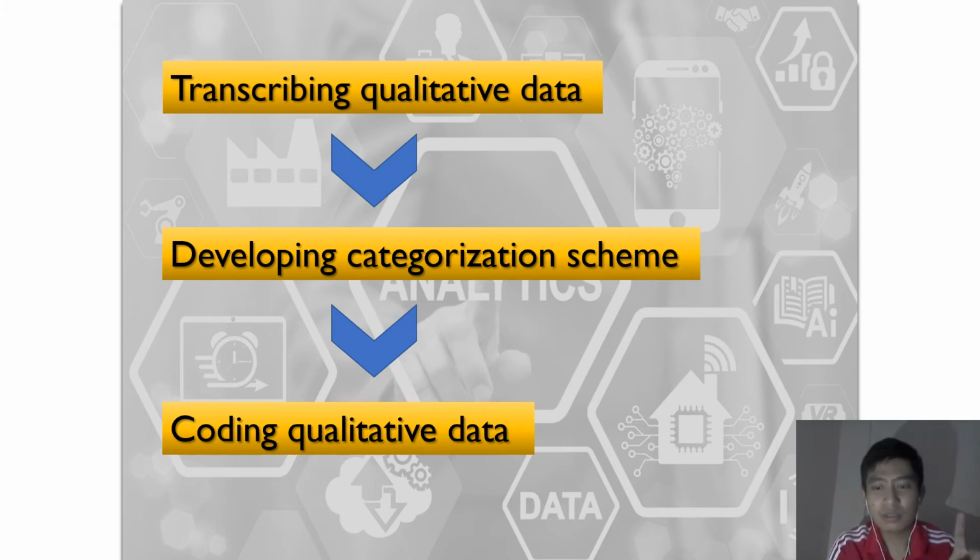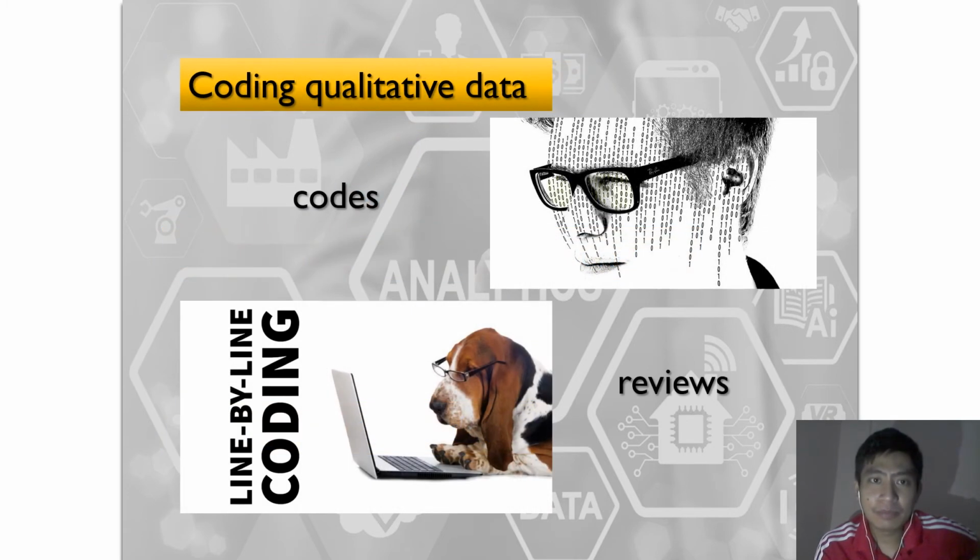E2, emotion. Okay? E1, pain. E2, fear. Okay? So, use coding for qualitative data. And after codes, then review again. Read and review your codes, review your categorization.